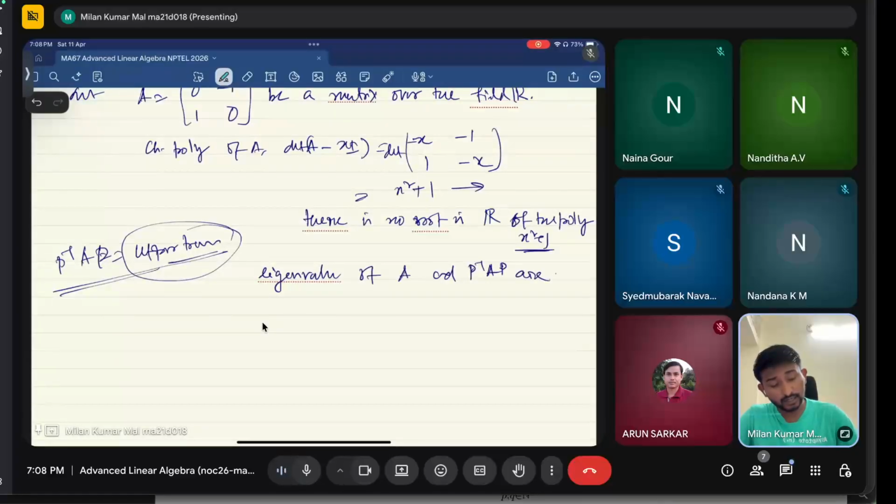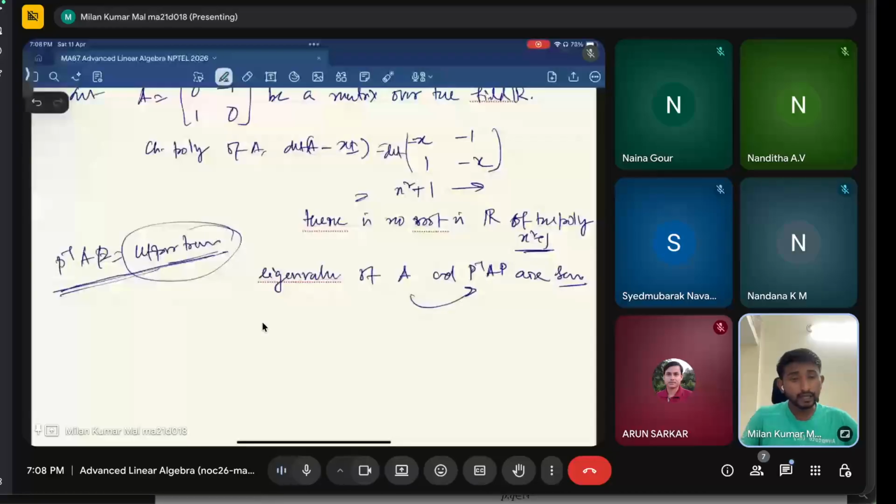If there is an invertible matrix P such that P inverse AP is upper triangular, the main diagonal entries, which are real, are the eigenvalues of A. But we are seeing that there is no real eigenvalue of the matrix A. So that's why the first statement is incorrect.